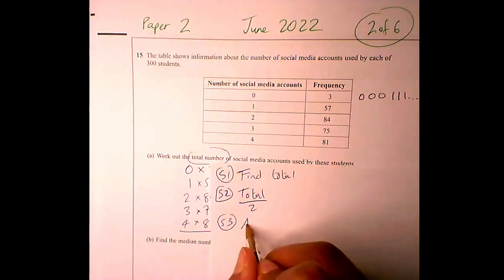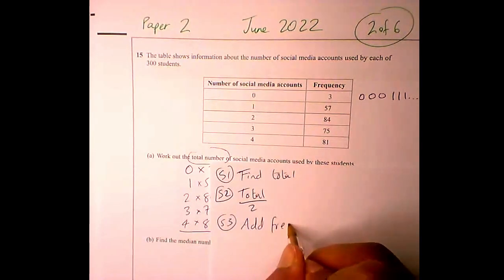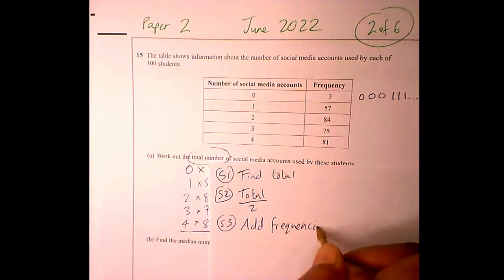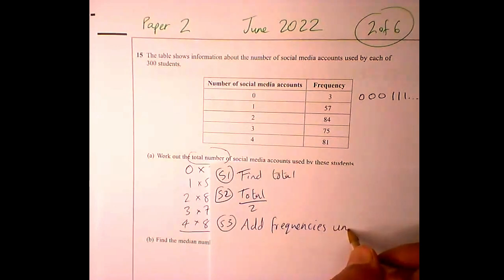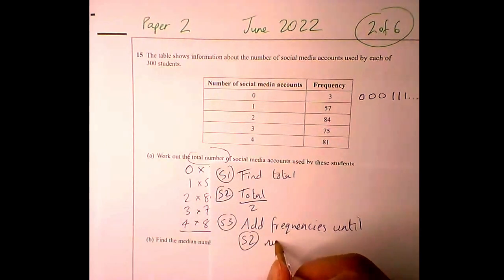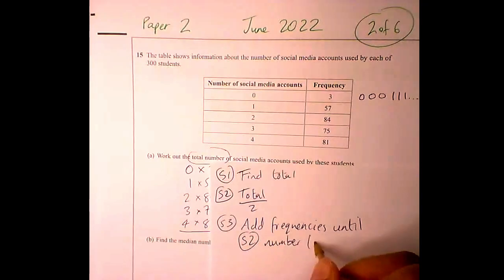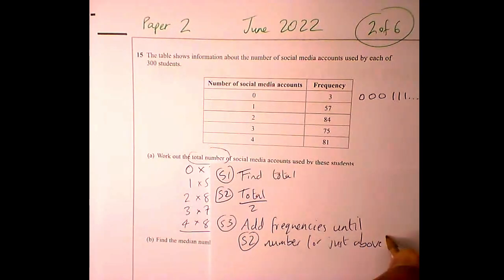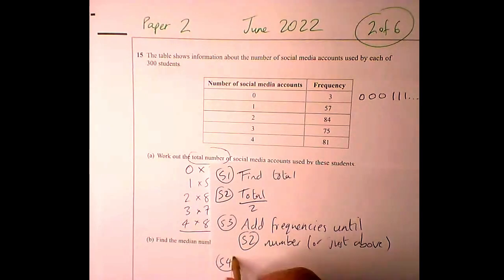Step 3 is add frequencies until I reach the step 2 number or just above. And then step 4 is I read across. Okay, so those are my steps.